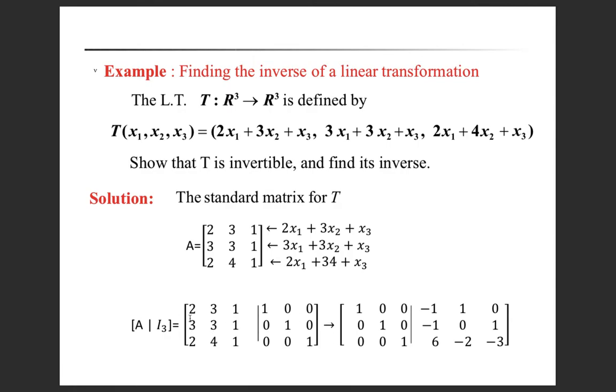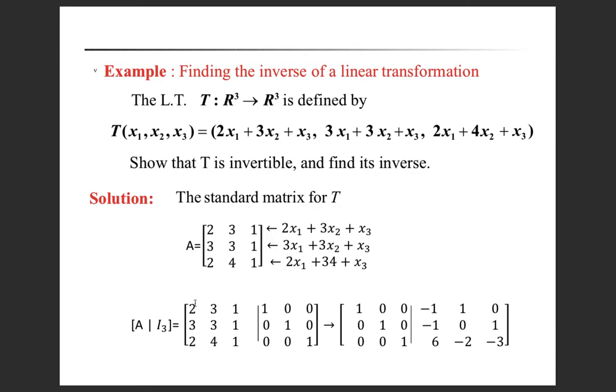So how will we reduce this to the identity matrix? I just want to remind you, this you have studied, that first of all we will make this element 1. This can be made 1 by dividing each element of the row by 2.